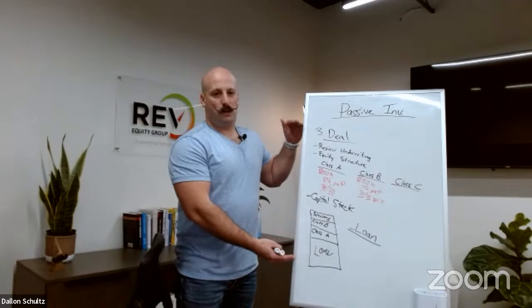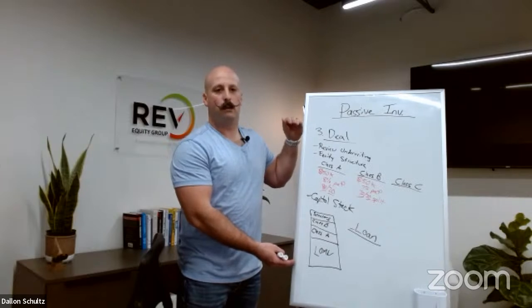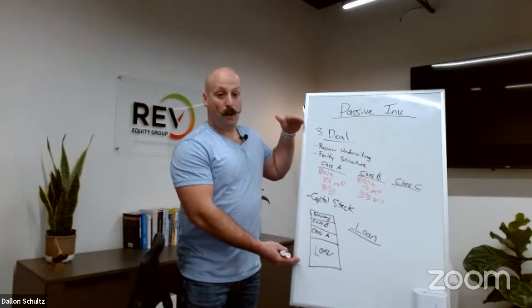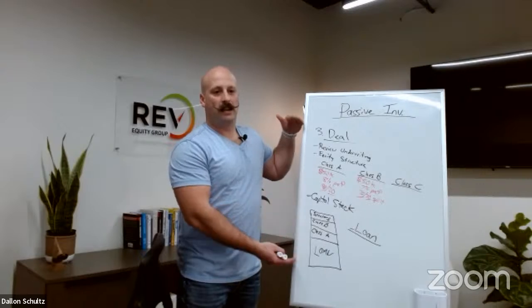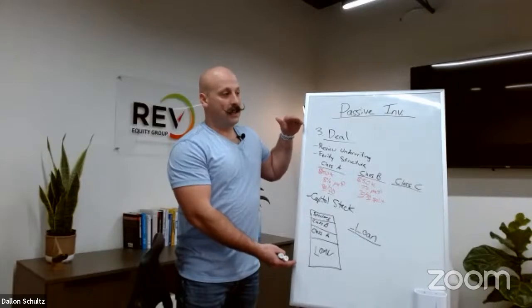If it takes you an hour to vet that deal, to vet that operator, and to feel comfortable sending and wiring that money, in reality, if that's the bulk of the work that you're doing, you're making 50 grand an hour. If you want to look at it and think about it that way. An hour of your time vetting a deal operator.